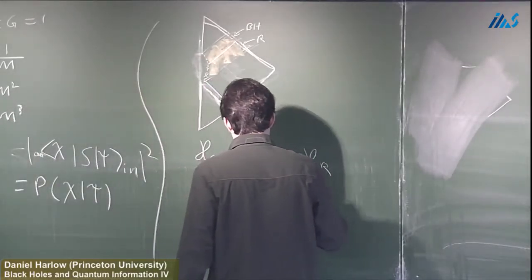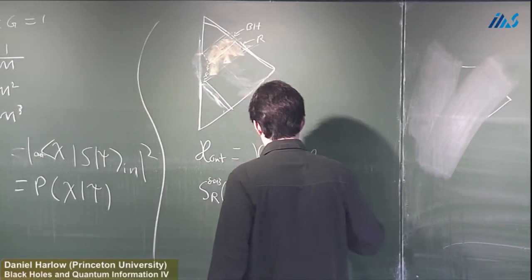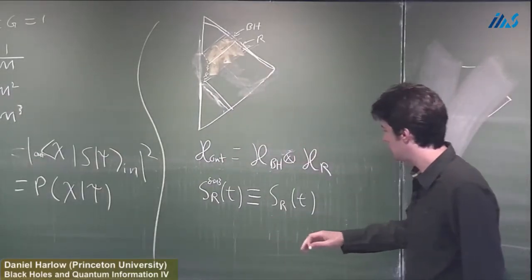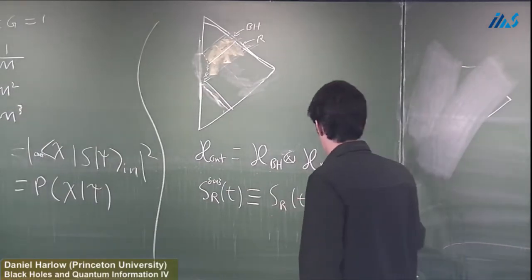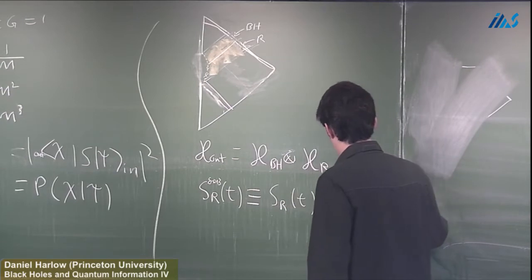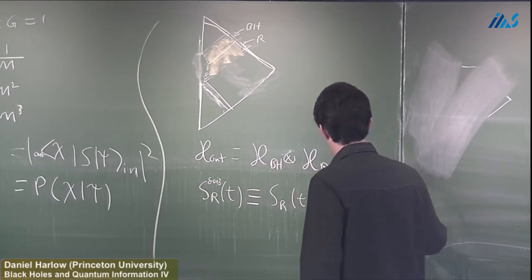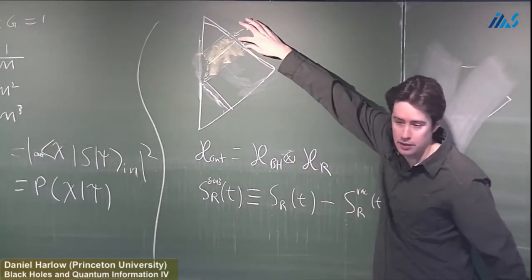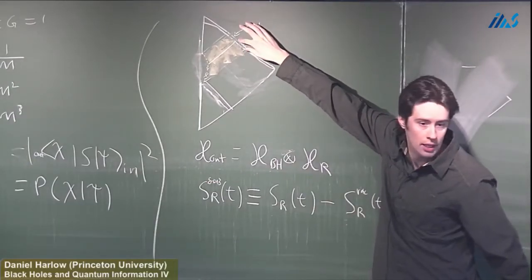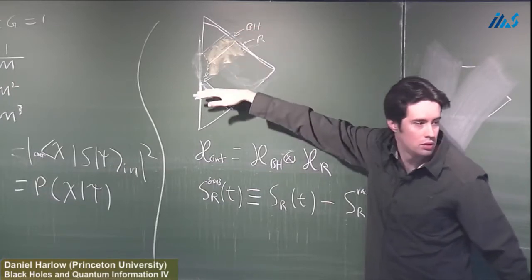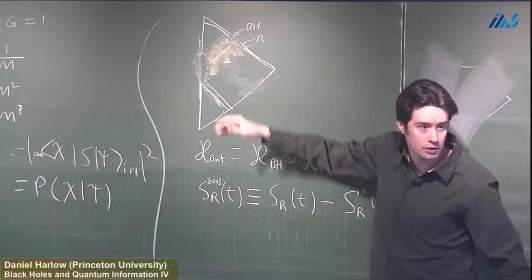What I'm going to do is I'm just going to define a renormalized entanglement entropy. As far as I know, well, let me finish writing the definition and then I'll comment on it. So what I'll do is I'll take the actual entanglement entropy here in the state that I got coming out of the black hole, and I'll just subtract from it the entanglement entropy of the same region just in the vacuum, so in the empty state with no radiation coming out.